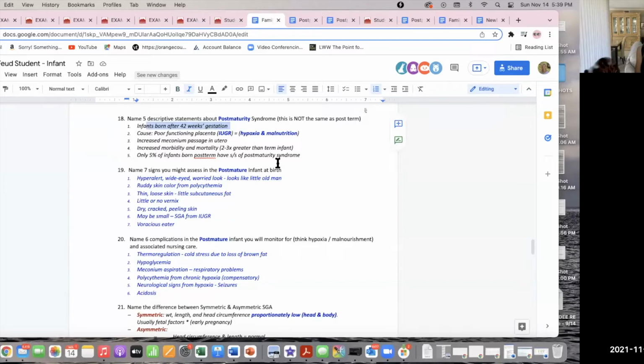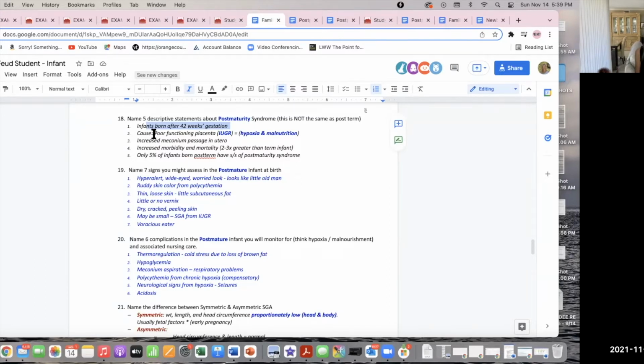We don't have many of these babies anymore. We used to have more. And the cause is because, remember, we talked about the fact in the beginning of class that the placenta is the only known organ that has a timed life span of time that it lives, and then it starts infarcting and dying slowly.